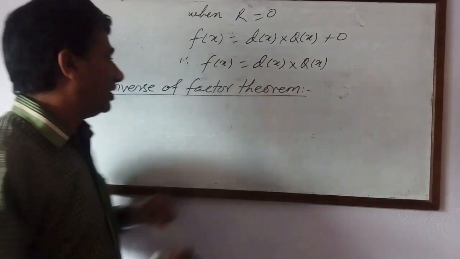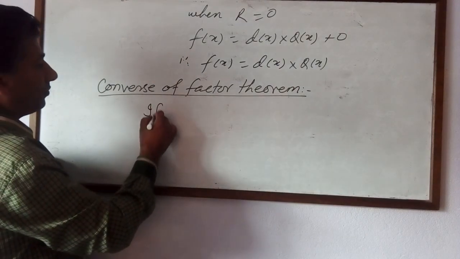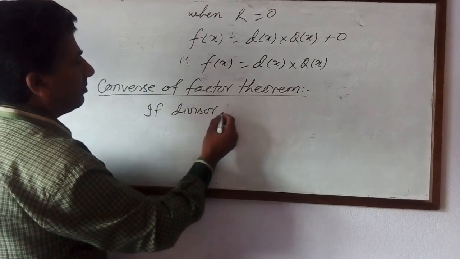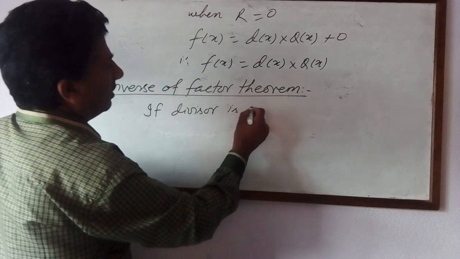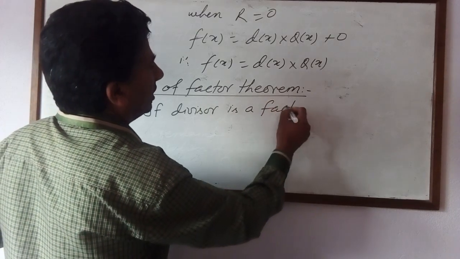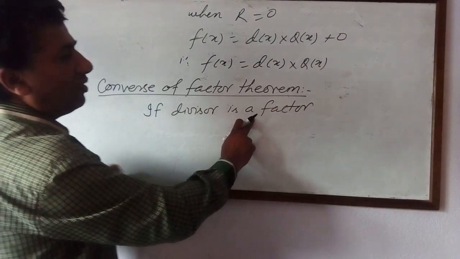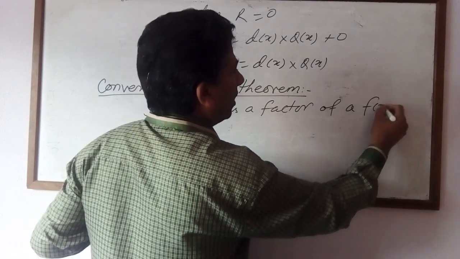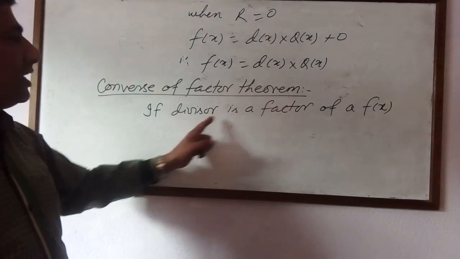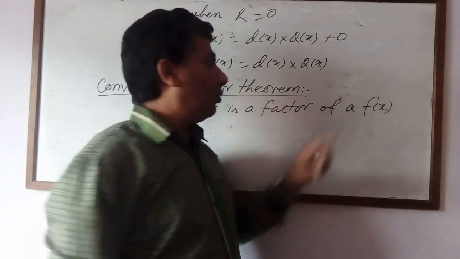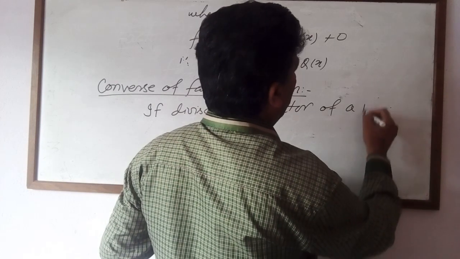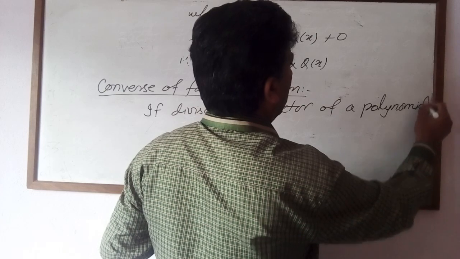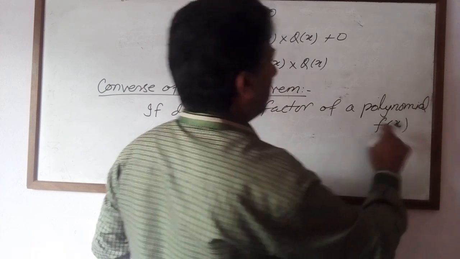Now it's just opposite. If divisor is a factor of a polynomial, you can write polynomial f(x), I have given the name.